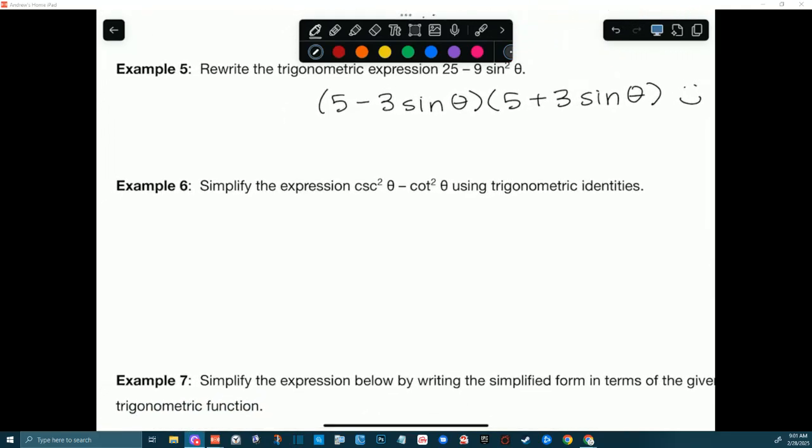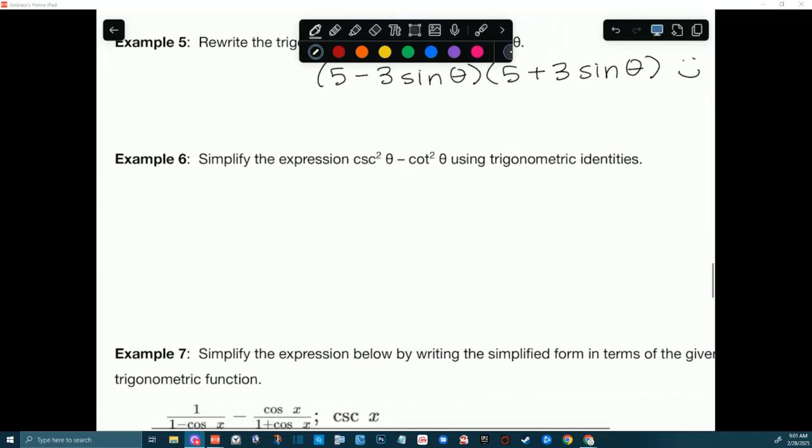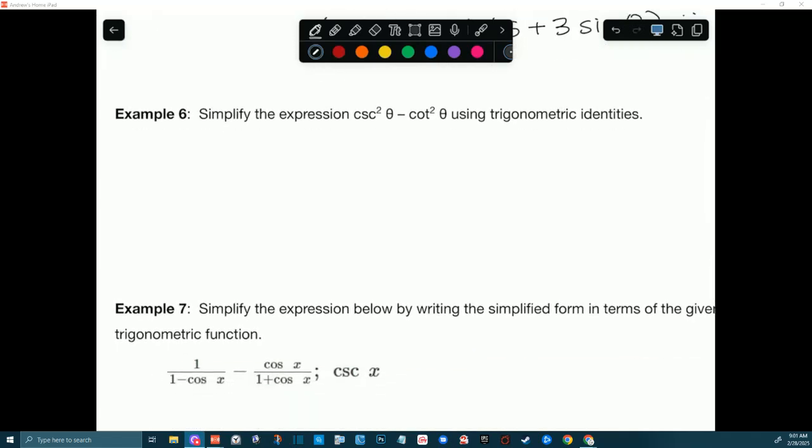All right, last two. We have an expression that says simplify the expression cosecant squared minus cotangent squared using trig identities. So we're going to write the expression off to the side and see if we can do some substitutions and simplifications to make it prettier.